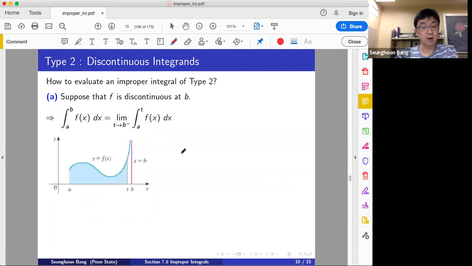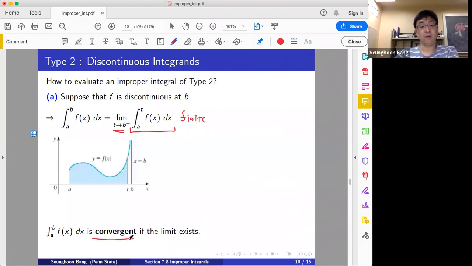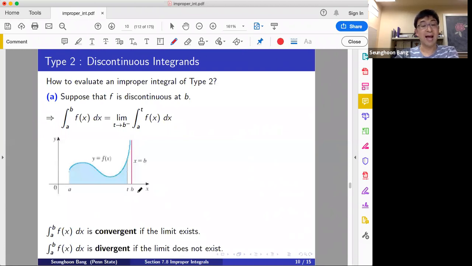Solving this problem like this. So the improper integral is convergent. What does it mean? The limit exists. Same: calculate the definite integral, take the limit, and the value is finite. Convergent. The second one: the improper integral is divergent if the limit does not exist.